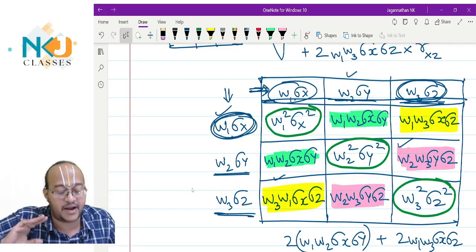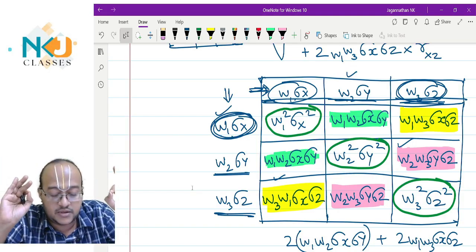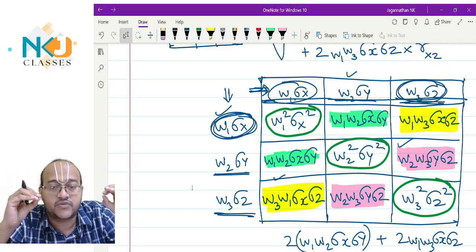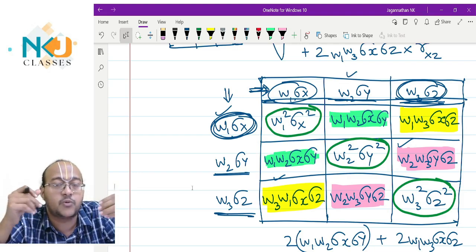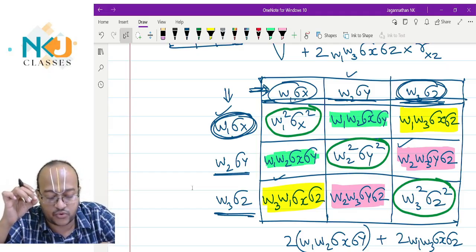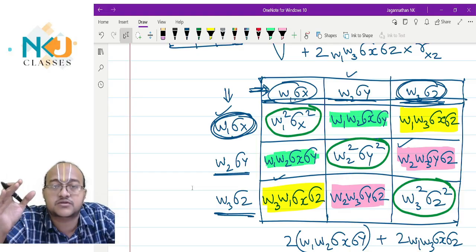How many boxes are there in the matrix? First you tell me. 9 boxes are there. Correct? First, we are computing portfolio risk consisting of how many securities? 3 securities. In a 3 security portfolio, there will be 9 terms. Are you understanding this first?